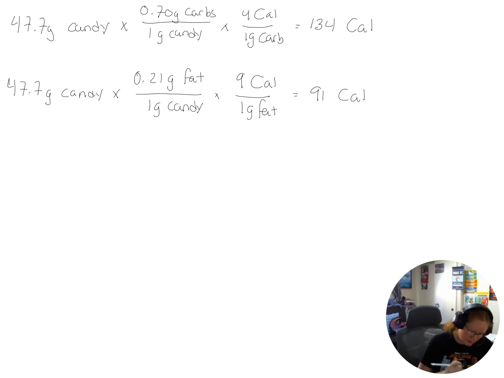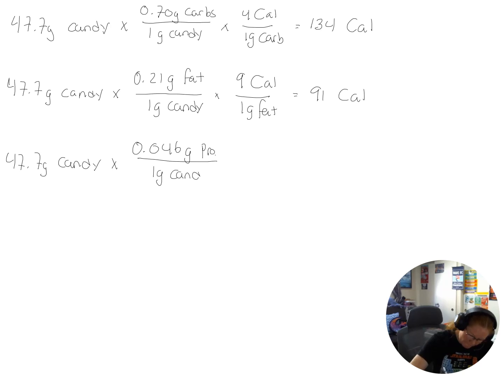And then our protein, that was only 4.6%, so 0.046. I'm going to abbreviate protein. And we have 4 calories. Now these are also really rounded, so this is just giving us an approximation here. So that comes out to 9.